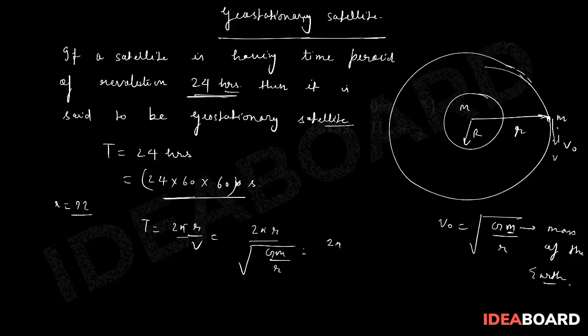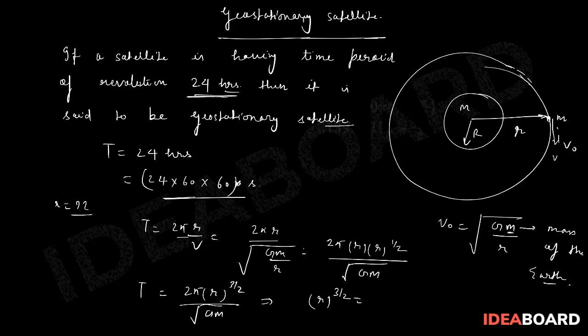So this can be written 2 pi r into r to the power 1 upon 2 upon under root of GM, and then we know that T is equal to 2 pi r to the power 3 by 2 upon under root of GM. So now this can be written here, r to the power 3 by 2 is equal to under root GM into T upon 2 pi.